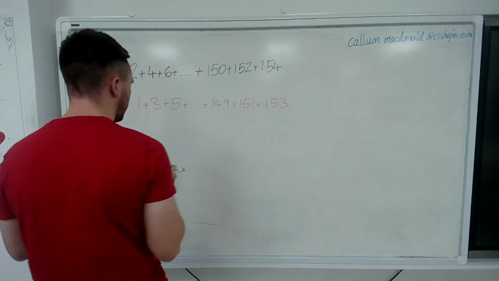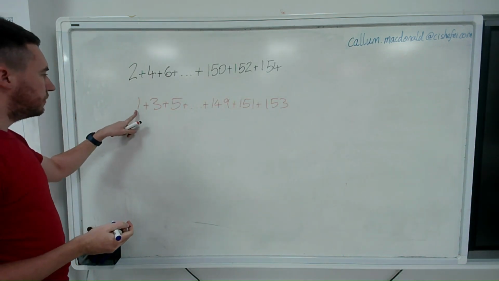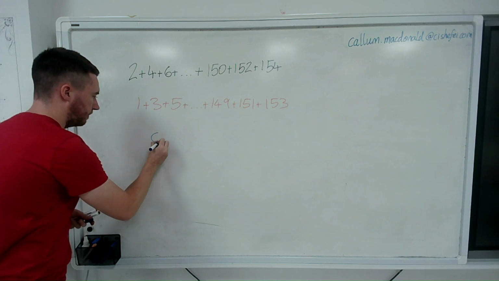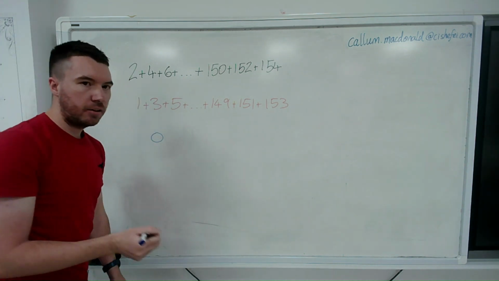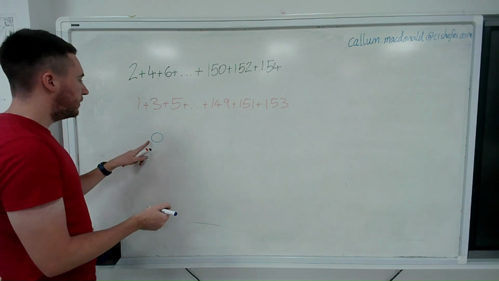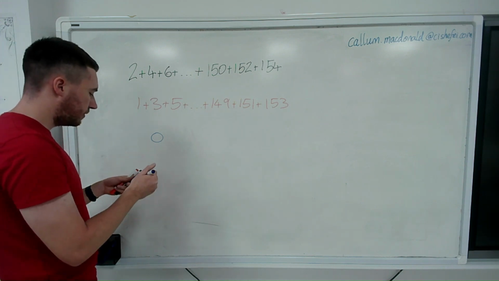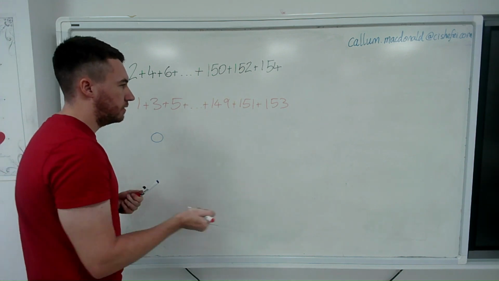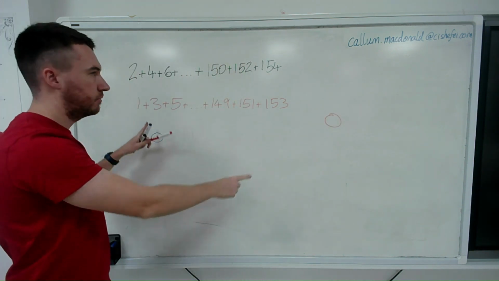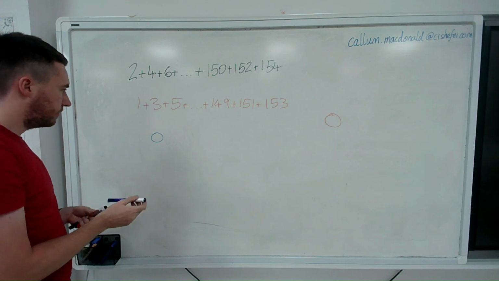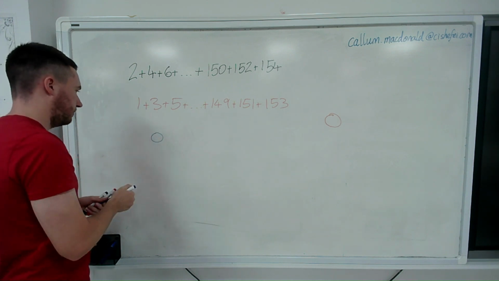Okay, cool. So I start with one circle. I'm trying to make a square here, to understand. But I have an extra one. Okay, my extra one, I'm going to just throw it over here. So I have two. Okay, next term is three.